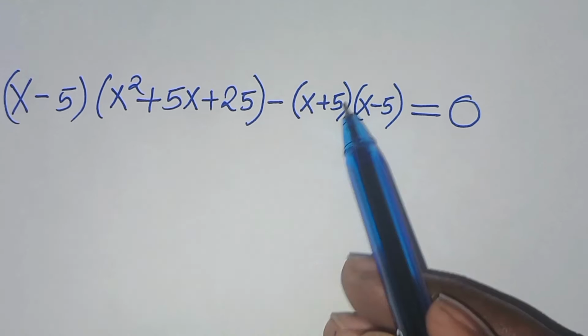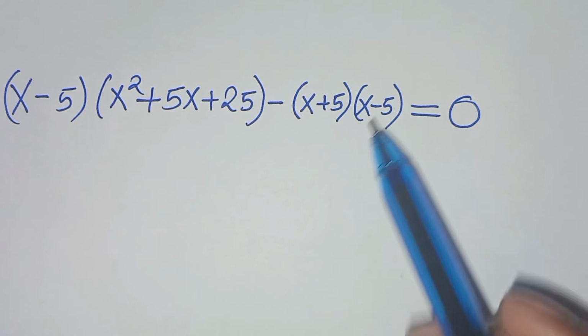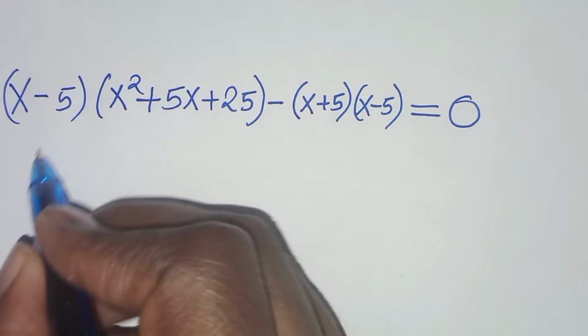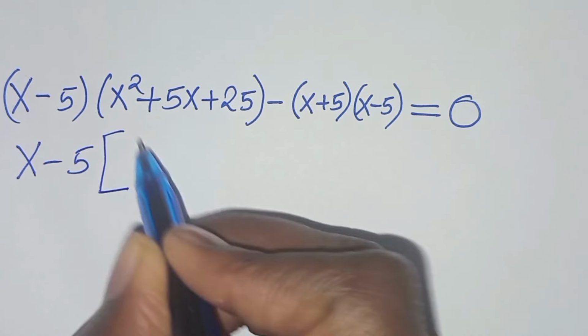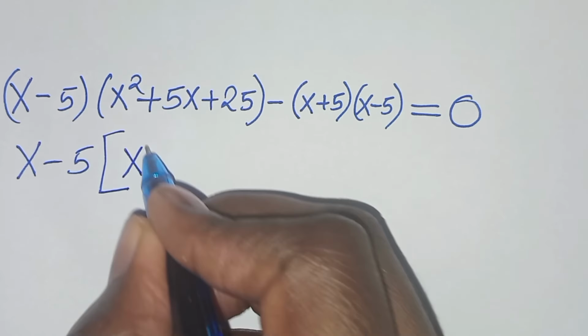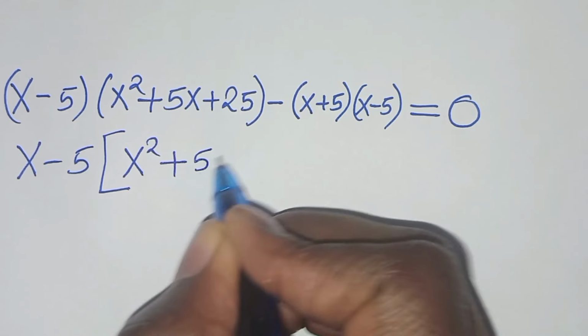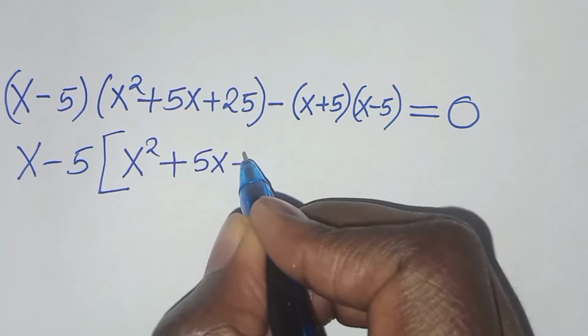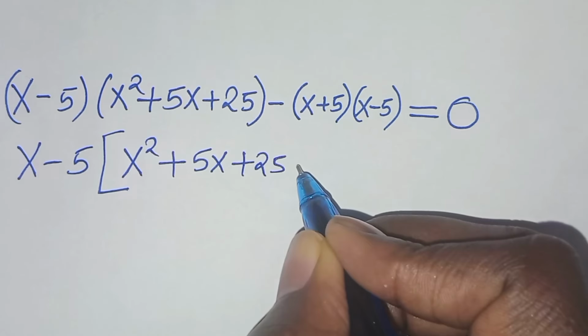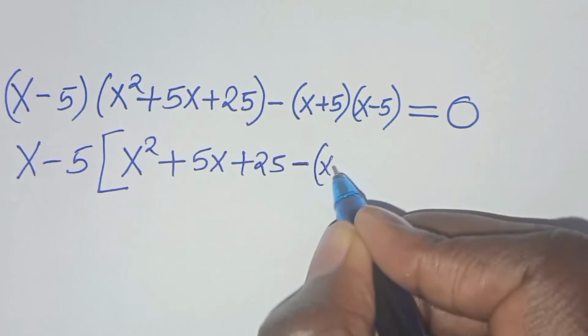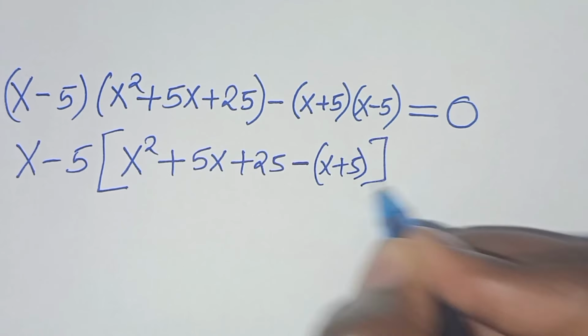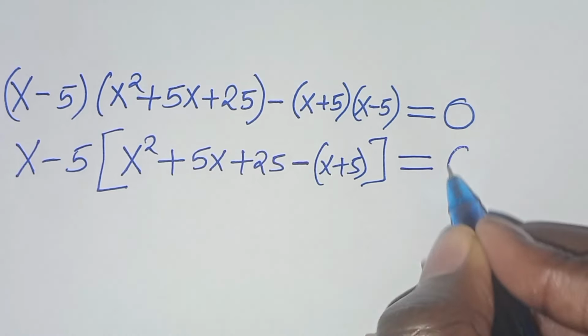Now from here we have two parts, each containing x minus 5. We can factor out x minus 5 into the parentheses. This is x to power 2 plus 5x plus 25, subtract x plus 5, close the bracket. This is equal to 0.